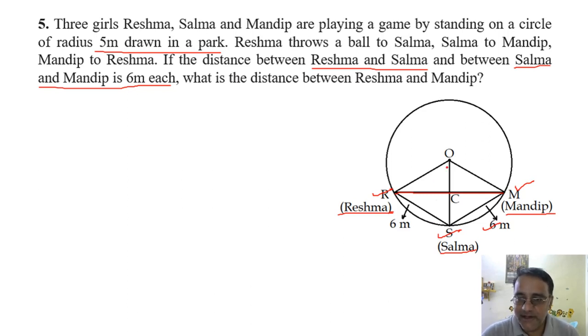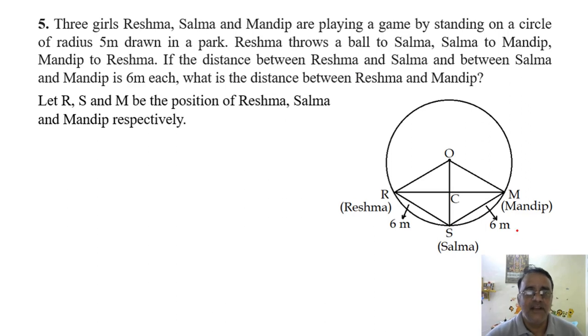Right. Now what are OR, OS, OM in this figure? Radius. Radii, right. Okay, so now let us start with the first step. Let R, S, and M be the position of Reshma, Salma, and Mandeep respectively.